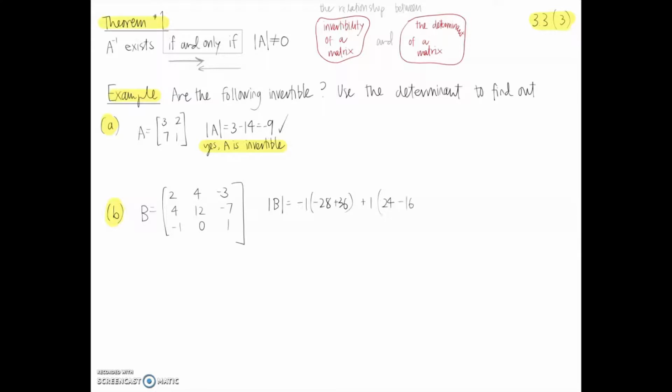Minus 16. So this is a negative 8 here, plus 24 minus 16 is 8, so that equals 0, which tells us the determinant is 0, so this matrix is not invertible. So the determinant being 0 is like death to the invertibility possibility. So we'll say no, B is not invertible. And it's all because of this guy right here. This one was invertible because the determinant was a non-zero number.